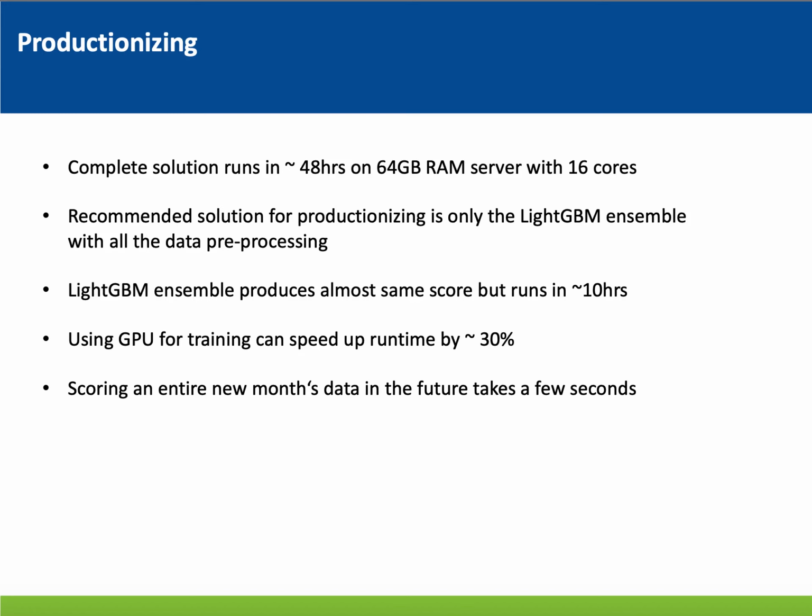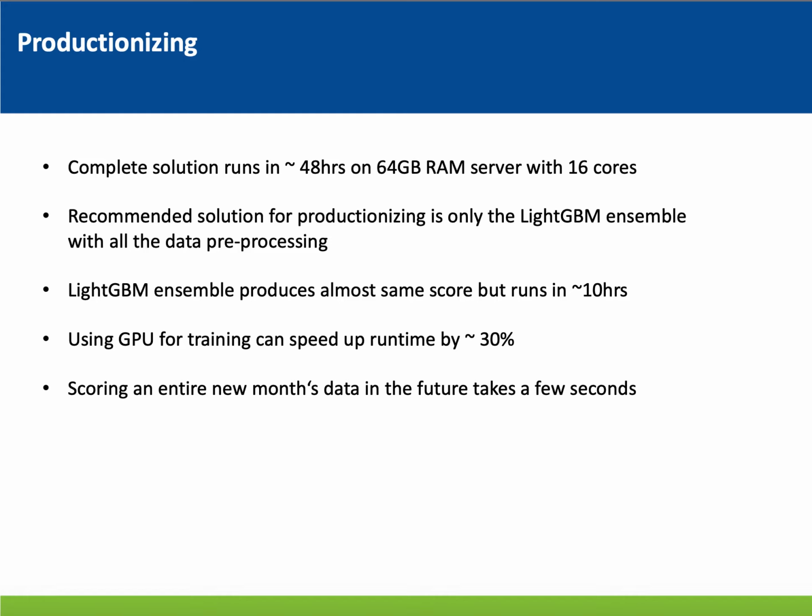Our complete solution runs in about 48 hours on a 64 GB RAM server with 16 cores. These were the specifications of the servers we were using for the competition. But if our solution needs to be productionized, we highly recommend to only productionize the LightGBM ensemble with all the data pre-processing.